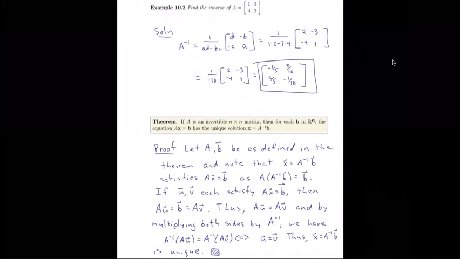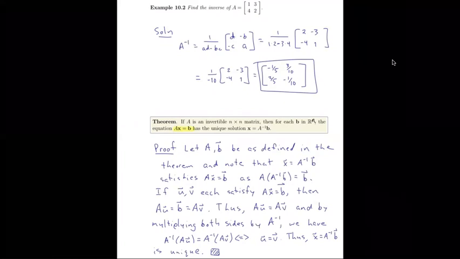So this is really talking about our first use of an inverse matrix. Why would we want to find an inverse? Well, if we know that a matrix A has an inverse, then we can go back to this system we've been dealing with since the beginning of the course. We can solve it by multiplying both sides of this equation by A inverse on the left.